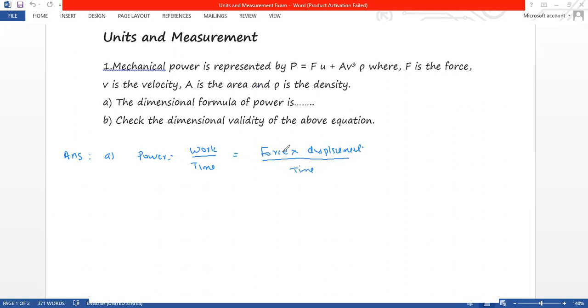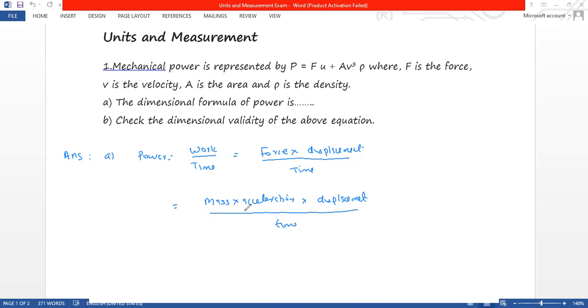Then what is force? As per Newton's second law, force equal to mass into acceleration. Force is mass into acceleration, then into displacement divided by time.